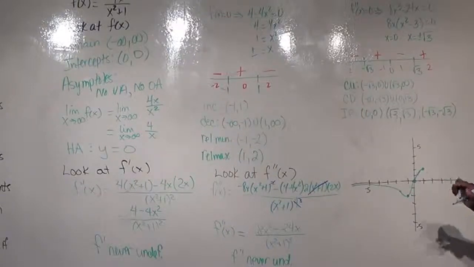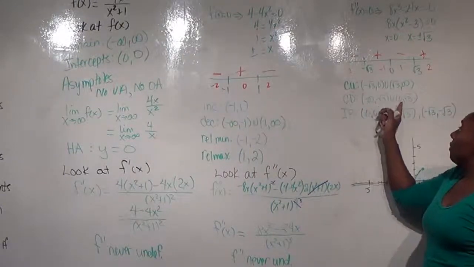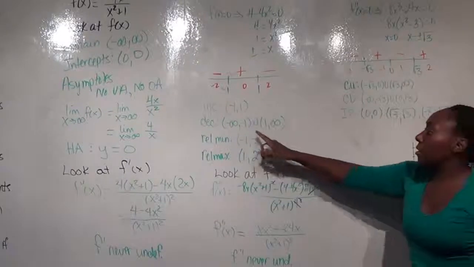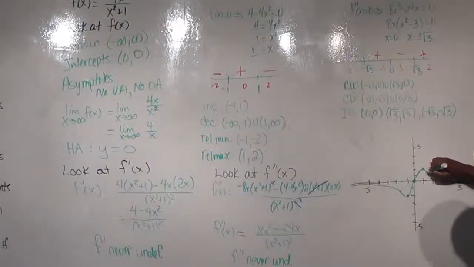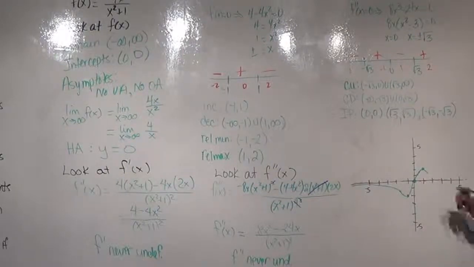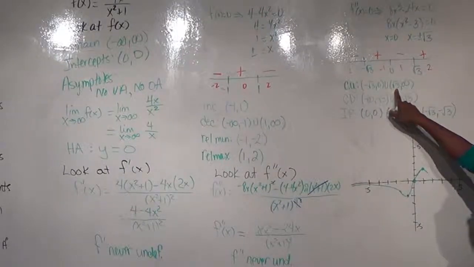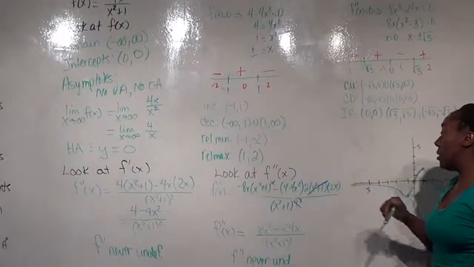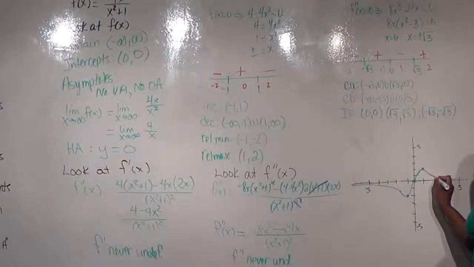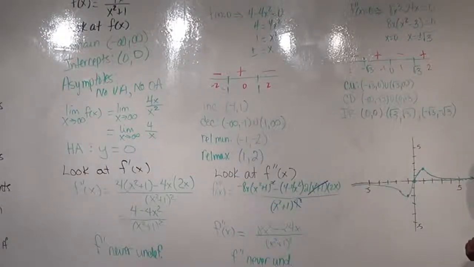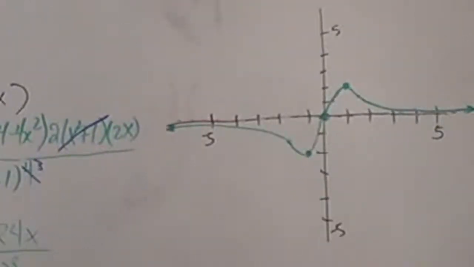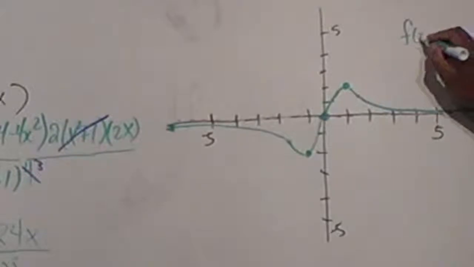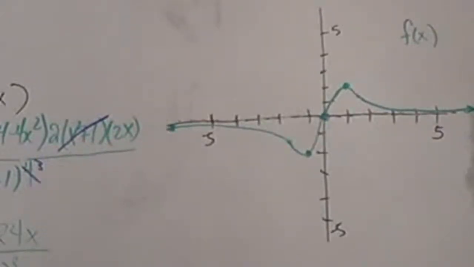At positive 1, I'm still concave down, but now I'm going to be decreasing till I get to my root 3, where it's going to change back to concave up, but I'm still decreasing. And then I'm going to go off to infinity. Okay. So there's our graph of f of x.